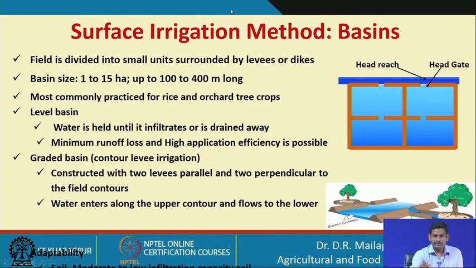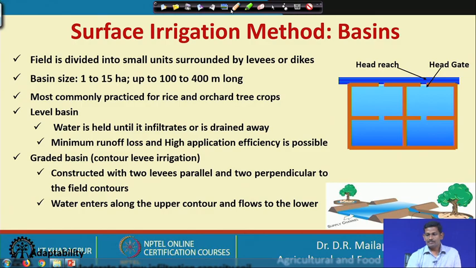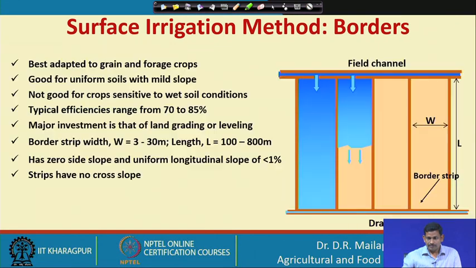Border irrigation has a border width, or it is called a border strip, with a width and length. It is best adapted for grain and forage crops, for example, an alfalfa crop or any grain crop.